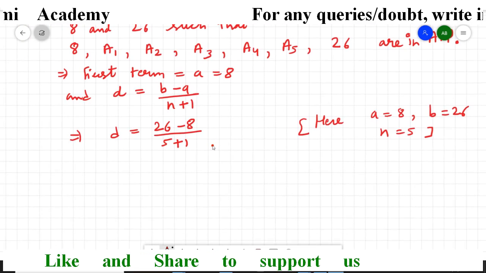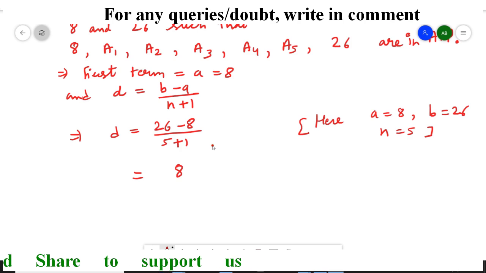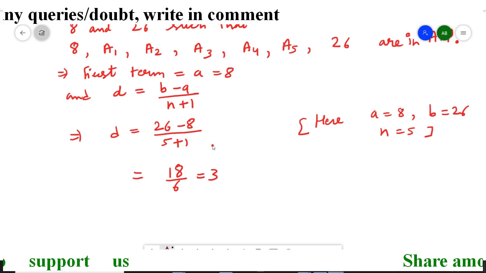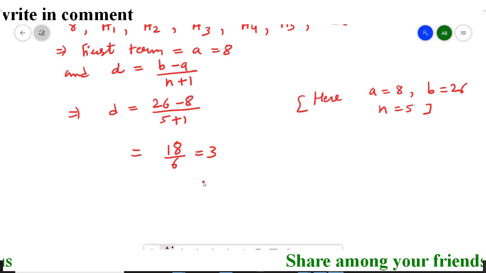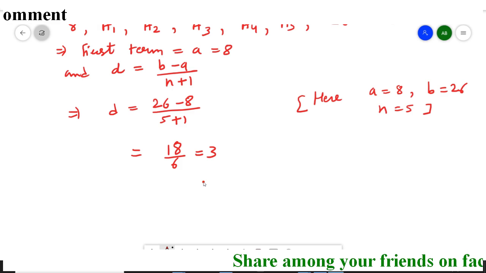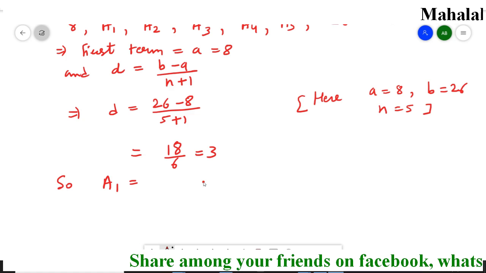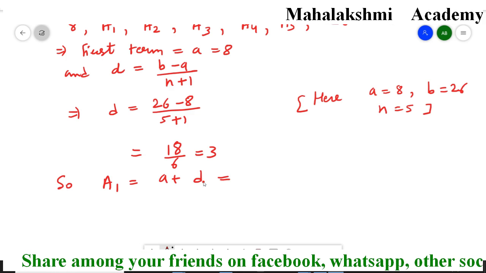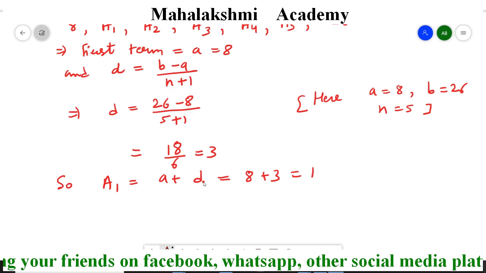So when we solve it, we get the common difference as 3. Now for the arithmetic means, the formulas are: A1 is going to be A plus D. What is A here? A is 8 and D is 3. So it's going to be 11.